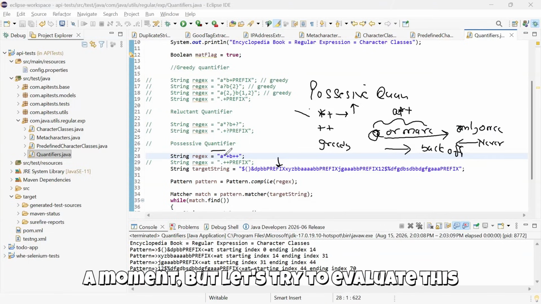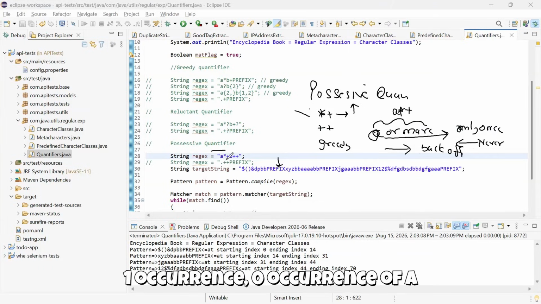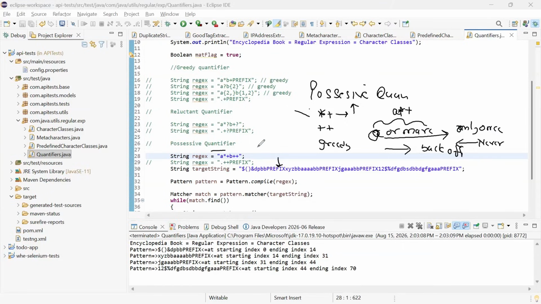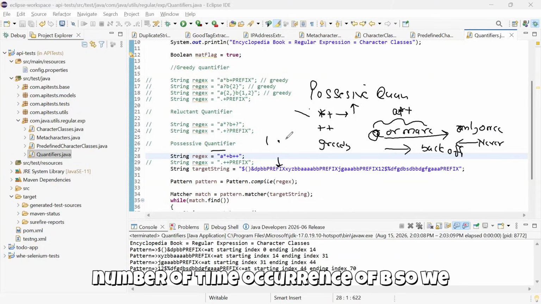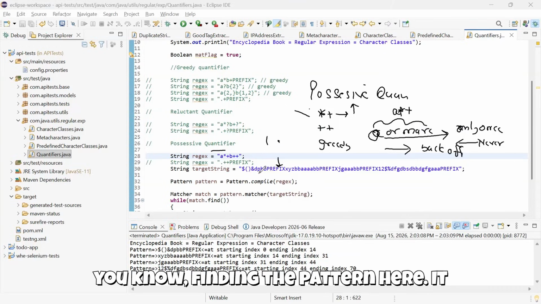But let's try to evaluate this regex pattern. A* means zero or more occurrences of A, immediately followed by one or more occurrences of B. It will start finding the pattern here.